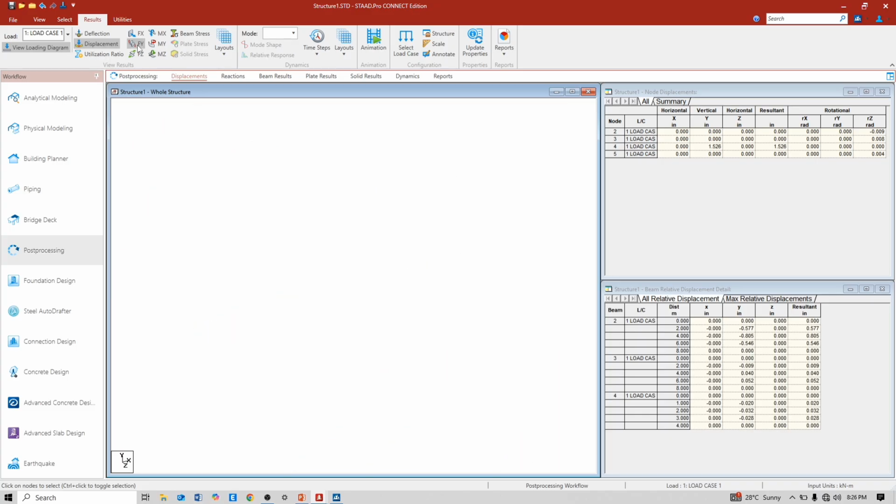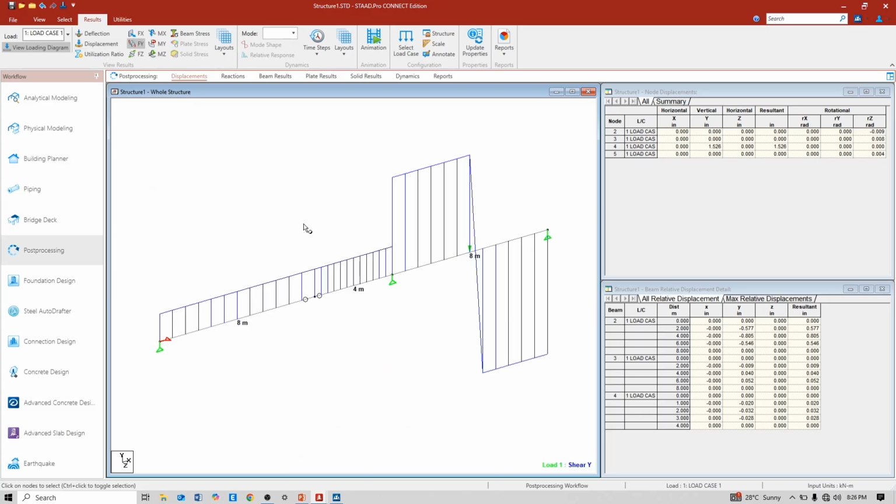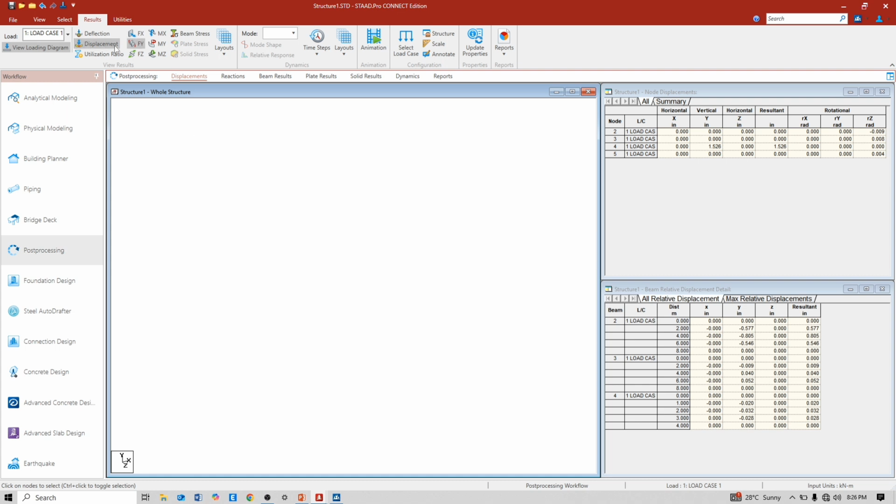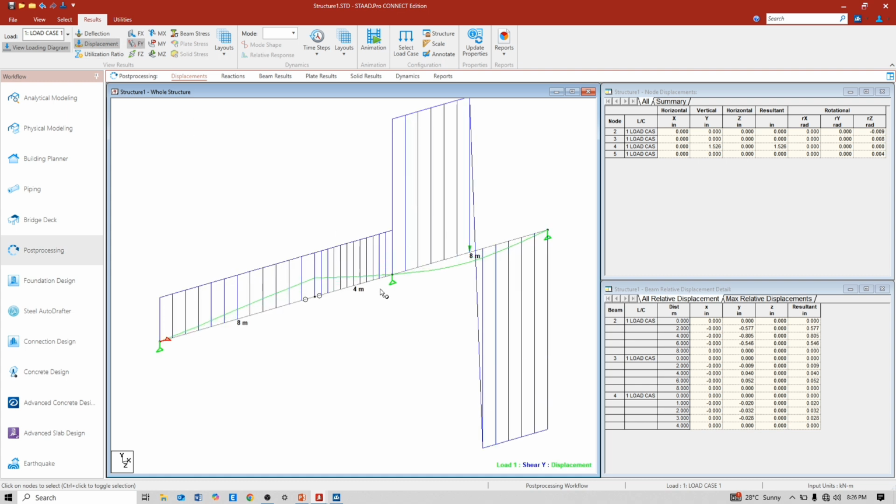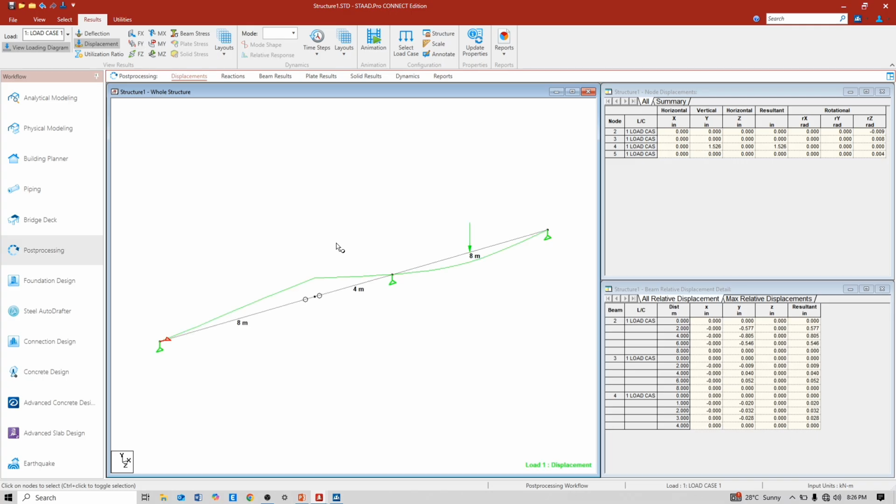So now see BMD. See this, due to this 16 kN concentrated point load, this deflects like this, and due to this hinge, this deflects like this, hinge and movement.